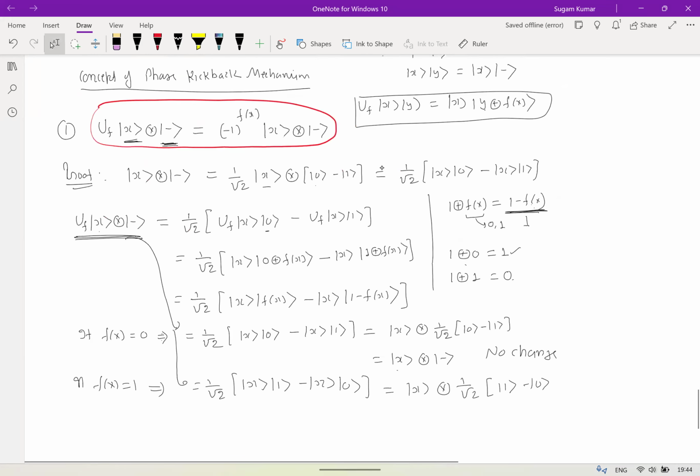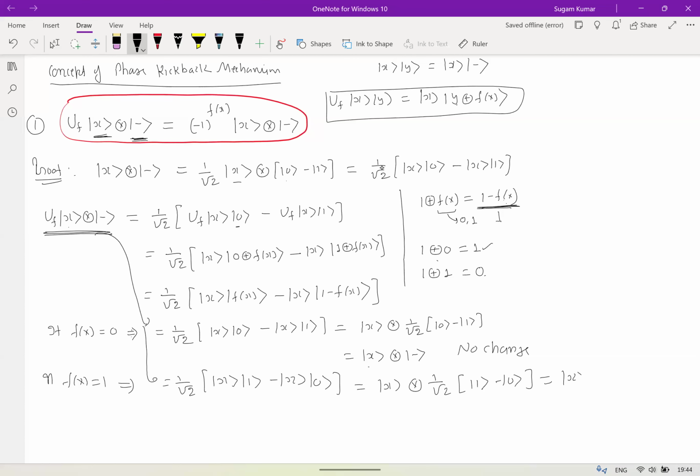And this is nothing but x. I can take minus out, then this is going to become a minus sign here. Keep it in mind, minus sign, or like this way, minus x tensor product minus. Are you getting these two parts? So you can see here, there is a change in the sign.